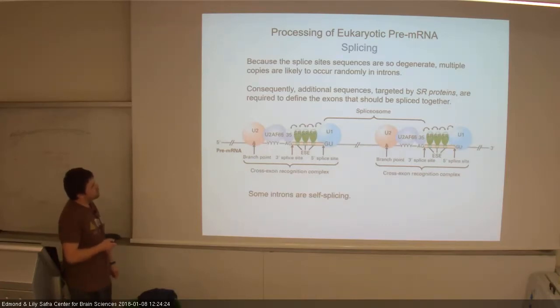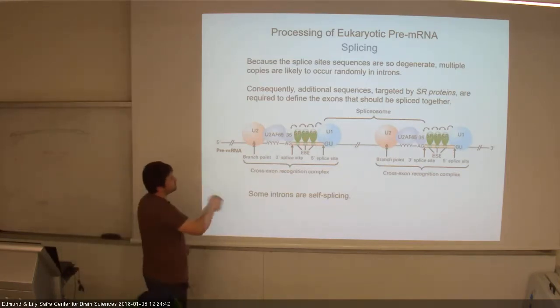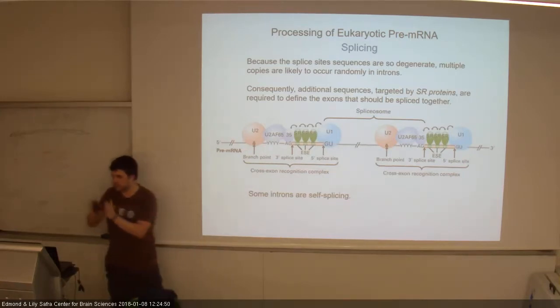There's a second type of proteins which are called SR proteins, which specifically bind to the exons, and many researchers think that, because there are proteins and small RNA molecules covering the entire mRNA, these SR proteins are marking the area of the exon.